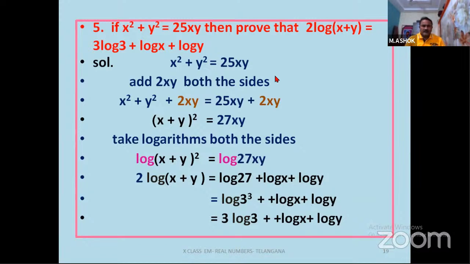So it is a 4 marks question. Remember one thing: if minus is there, you have to subtract 2xy; if plus is there, we have to add. Whatever he gives, we have to convert into the a plus b whole square formula or the a minus b whole square formula, and follow the remaining steps. Okay, this is the fifth sum.